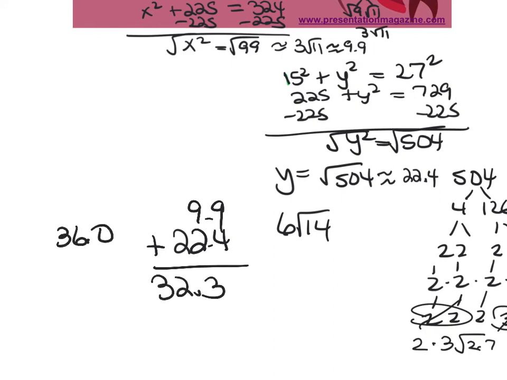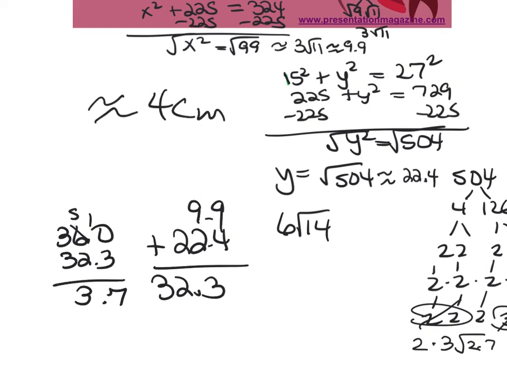Subtract that from 36, and I get 3.7. So about 4 centimeters would be left over. A little bit less than 4.